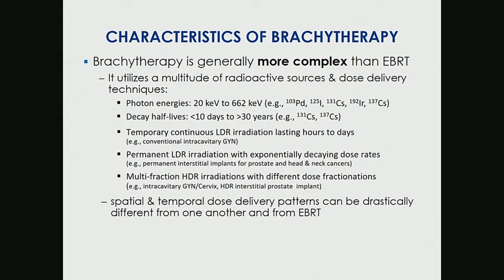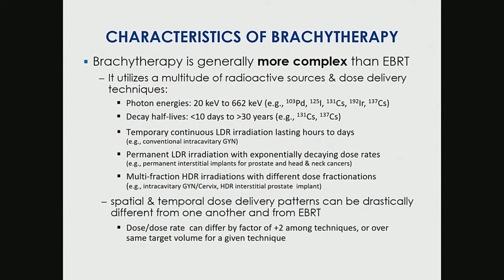So the spatial and temporal dose delivery patterns can be dramatically different between different techniques, and different from external beam radiotherapy. It is not uncommon to see dose or dose rate differ by a factor of two or more between techniques, or within the target volume for the same technique.